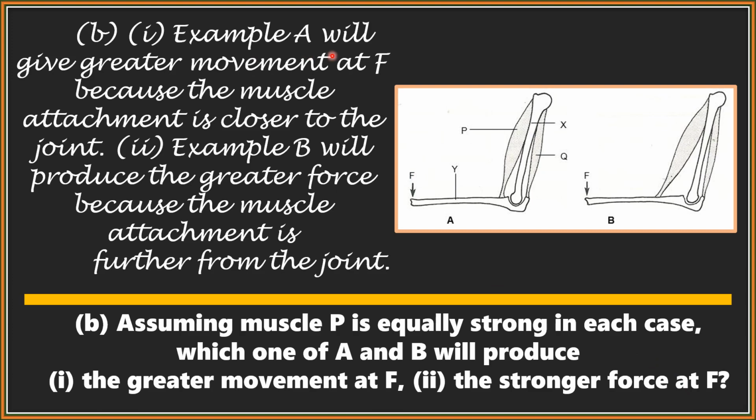Example A will give greater movement at F because the muscle attachment is closer to the joint. Example B will produce a greater force because the muscle attachment is farther from the joint.